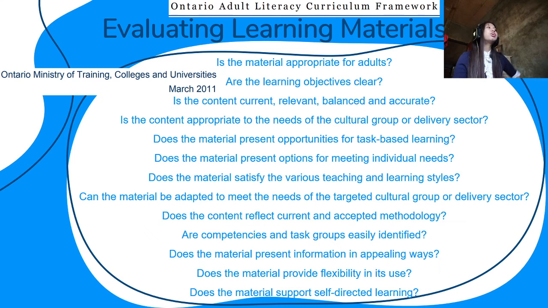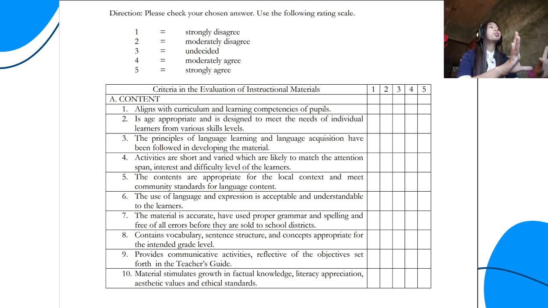Okay, so here you might ask how these indicators are being presented. So usually, as I have researched, they are presented in a questionnaire, in a survey form. Okay, and this is what they look like. So this is from the first research that I provided you, the local research from MSU Marawi. So this is their questionnaire.